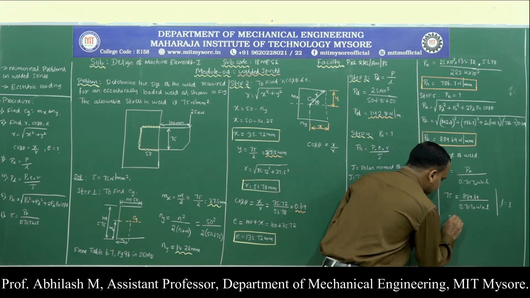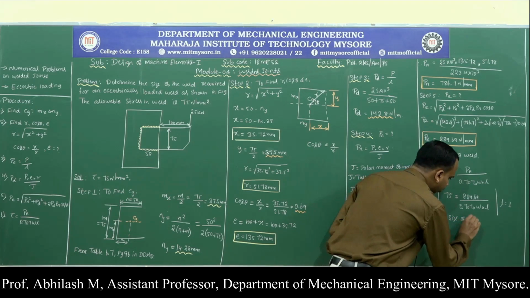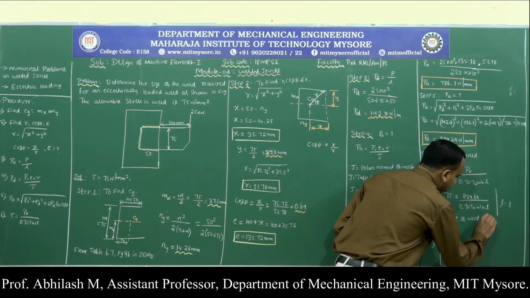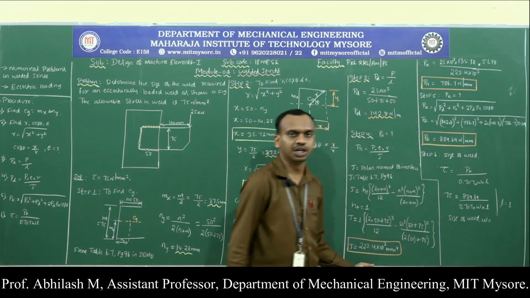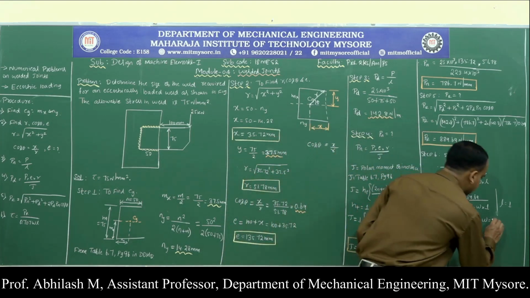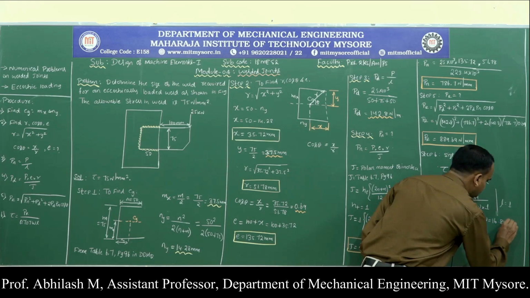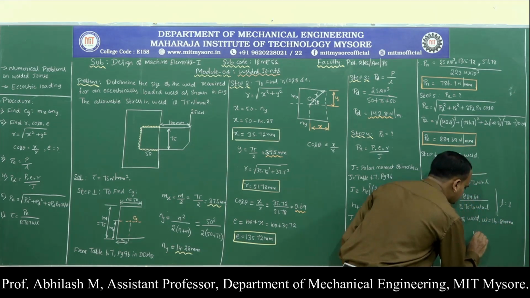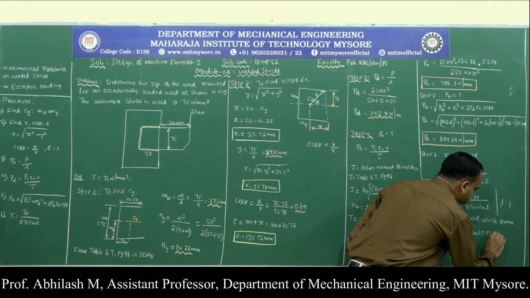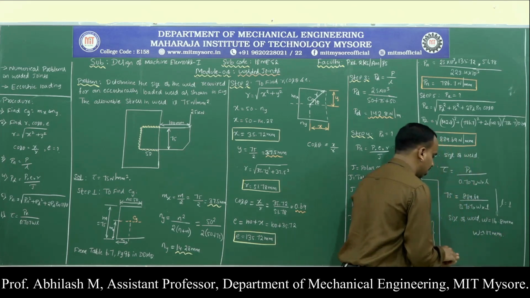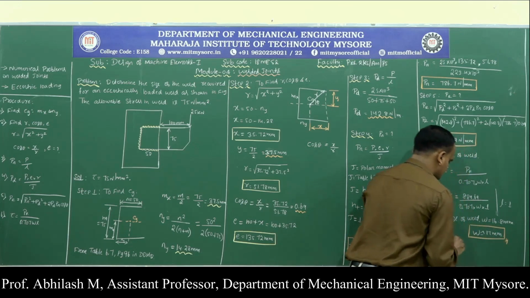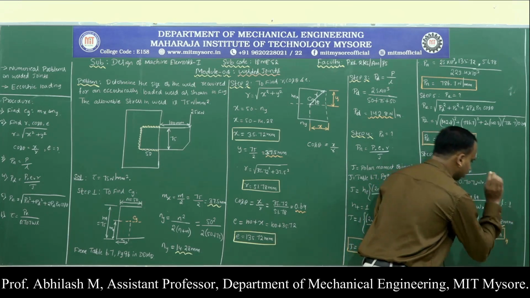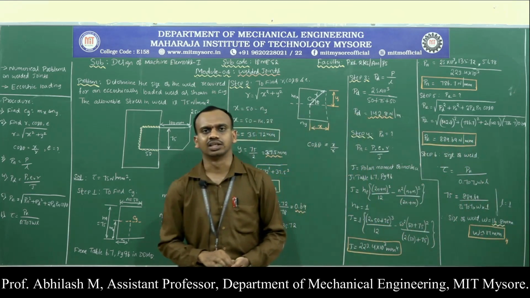Therefore the size of the weld W, if I do the calculation, I am going to obtain the value to be 16.12, which can be approximated to 17 millimeter.